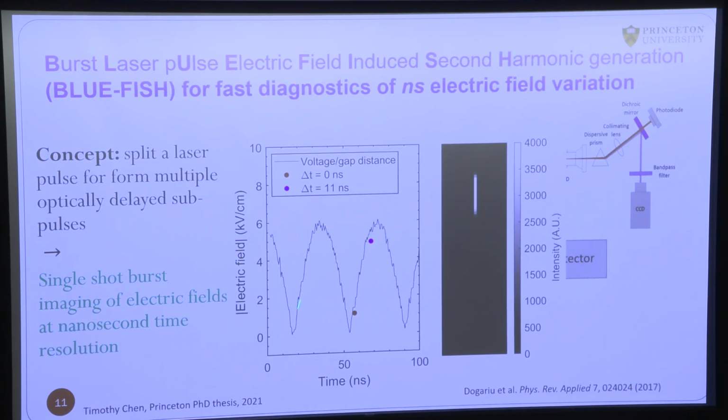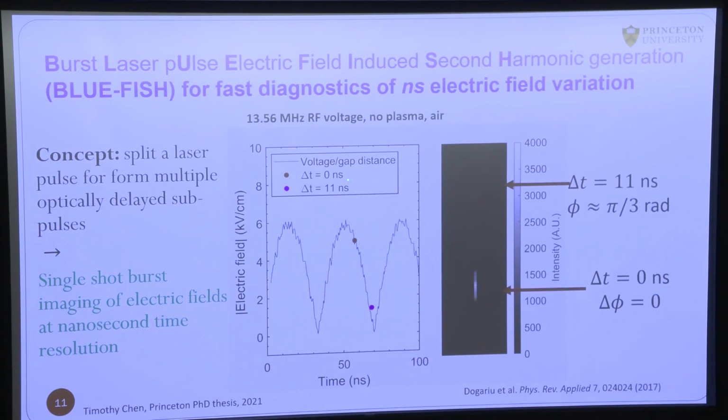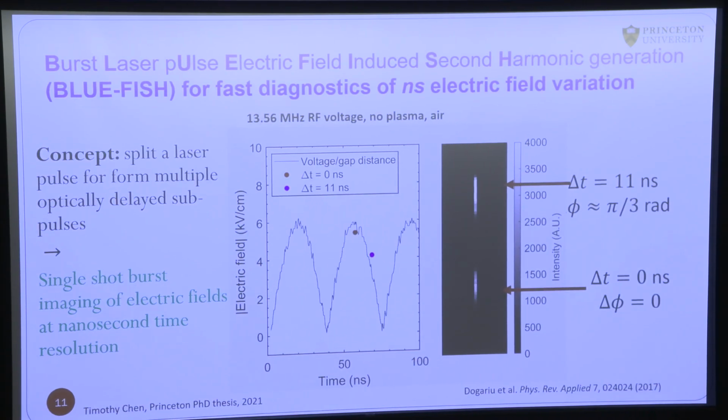So here I give a radio frequency waveform, and I try to measure the change of electric field at this high frequency. I'm not sure that you can see this video. You can see my student Tim Chen, and he measured the electric field at a few nanosecond timescales by delaying the optical beam.